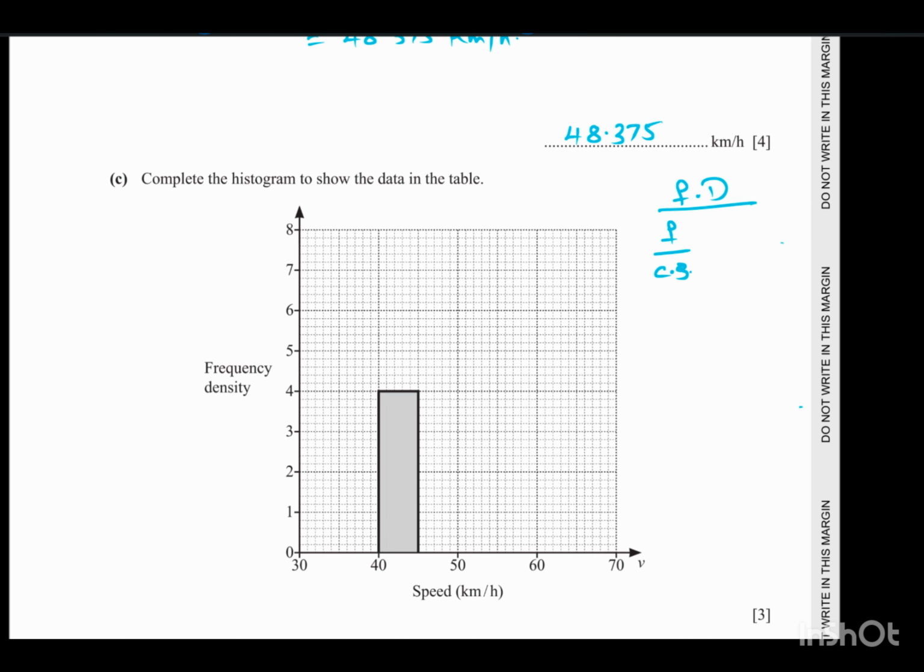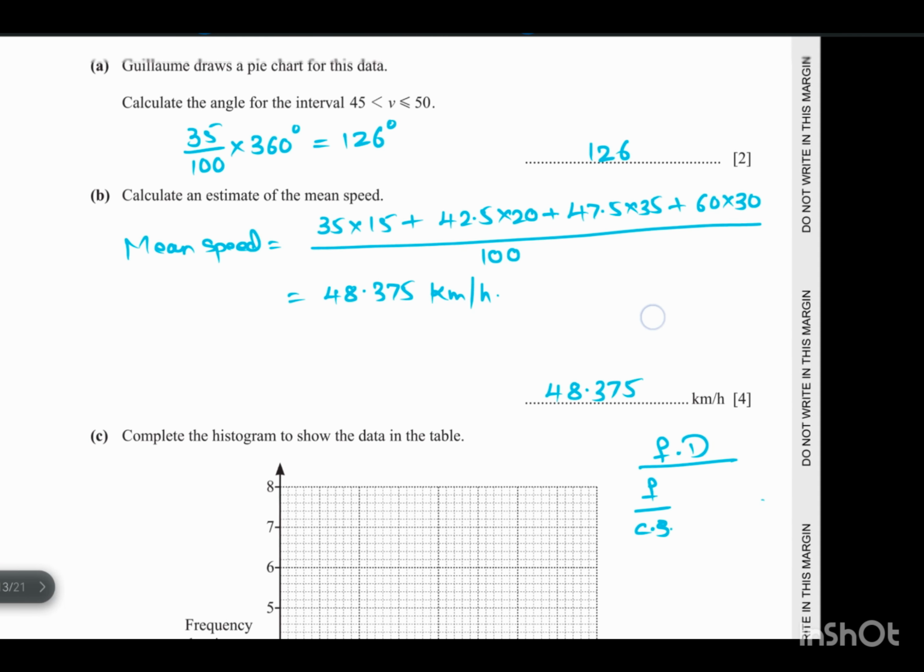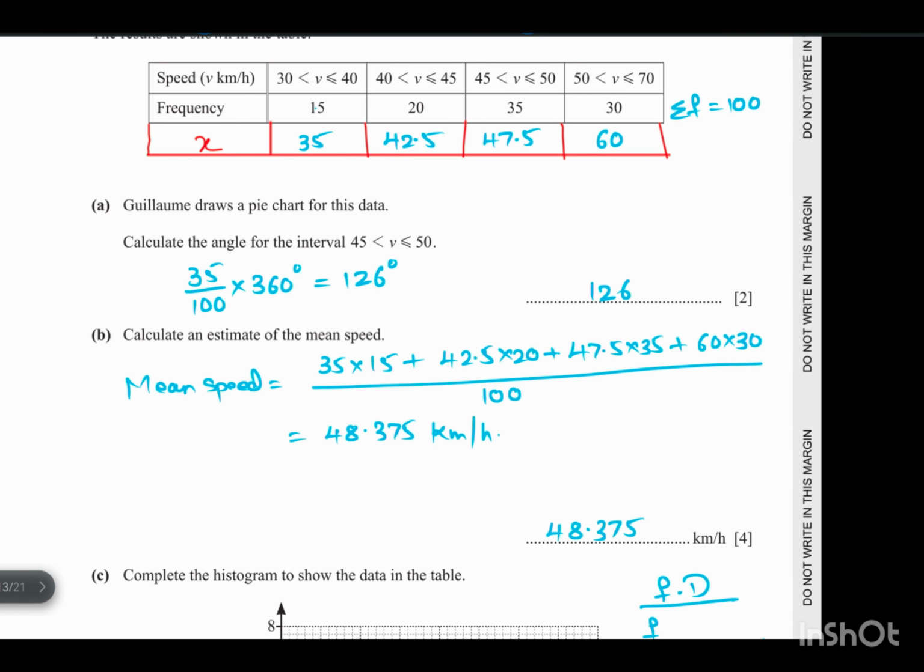Let me go to the table given here. The class size here is 10, and 15 by 10 will be 1.5. So let me write here itself, in the frequency density column: 15 divided by 10.